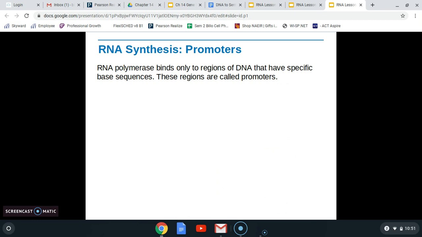So we have regions on DNA called promoters. And basically what they have is a specific sequence of bases that say this is where an active gene that you may want to translate begins. So the key term here, promoter, is a region of DNA that starts the transcription process.